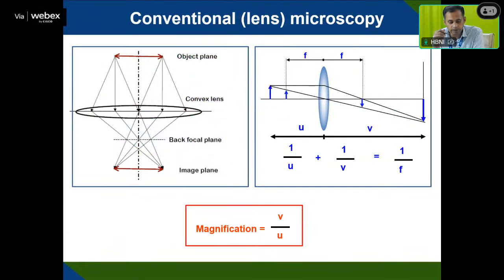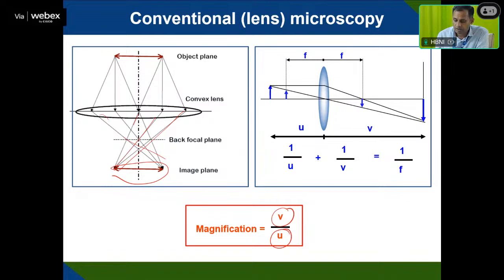If you see a conventional lens microscope, it mostly uses an objective lens, then a convex lens, and finally by passing through this focal length you get an image here. The normal formula we all know is 1 by u, the object distance, plus 1 by v, the image distance, equal to 1 by f, the focal length. Magnification here is v by u, the ratio of image distance to object distance.